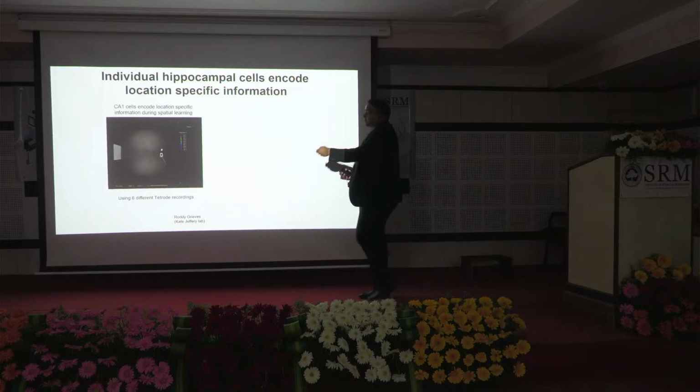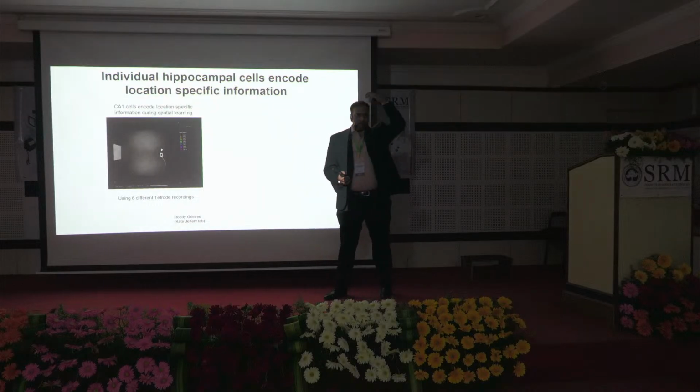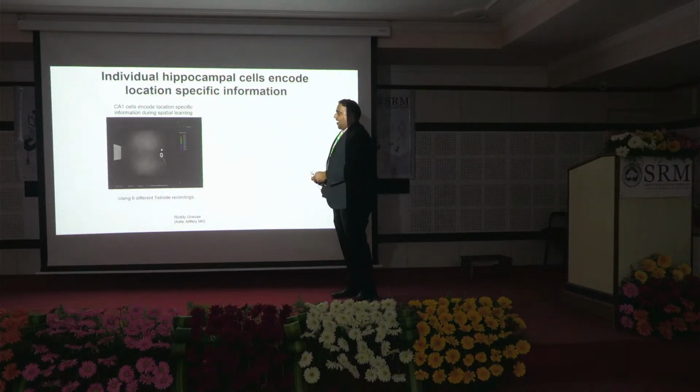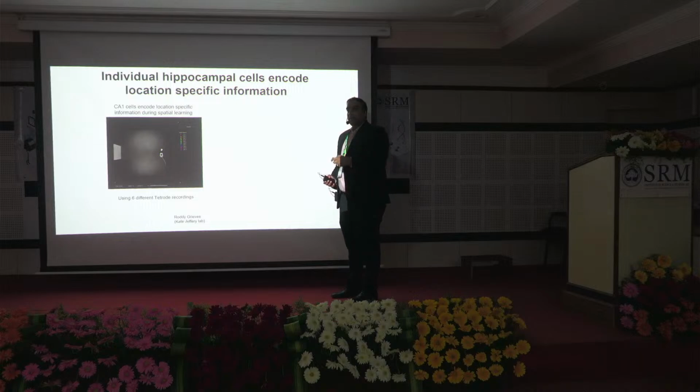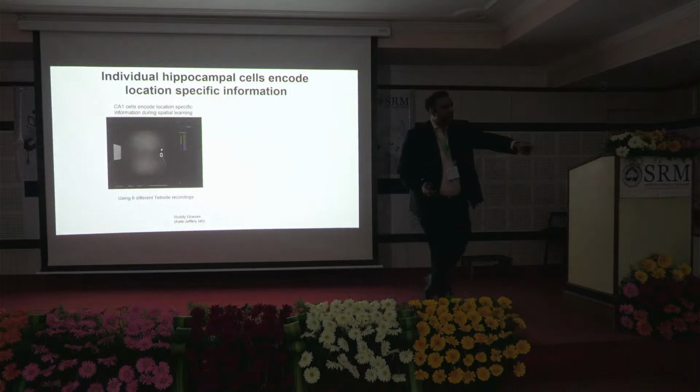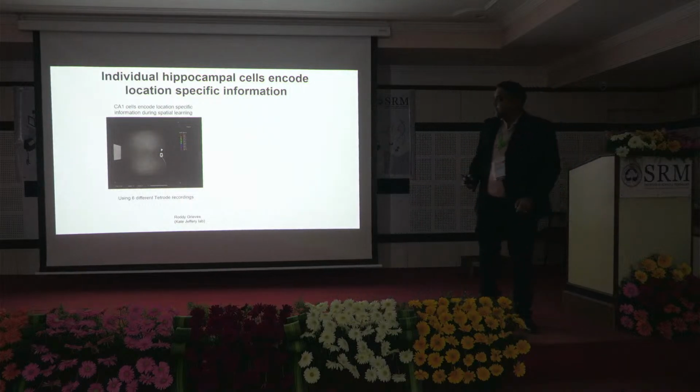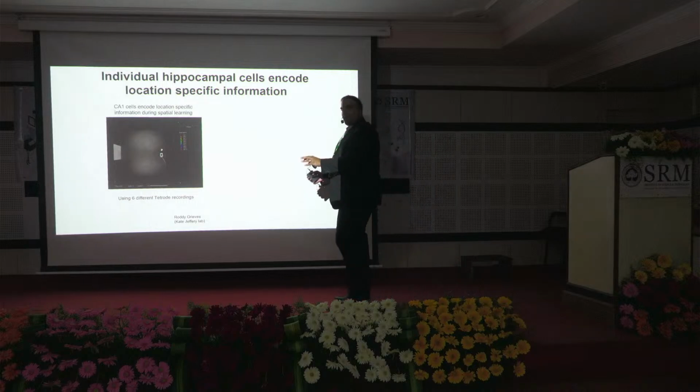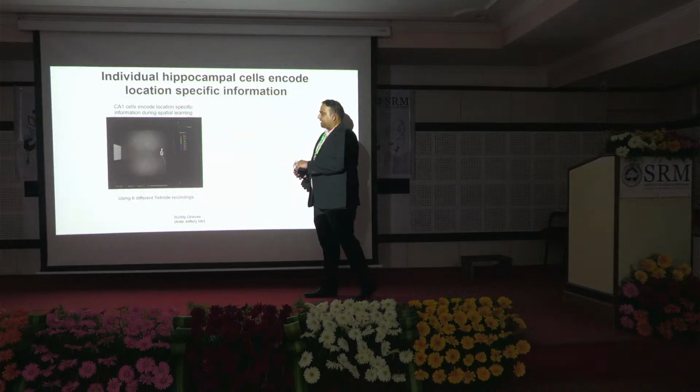Now I can show you here in a video where we are recording from a mouse, and we are doing tetrode recording, so we can record multiple cells. You'll see that some cells will only fire. Can someone press? You'll see it's a sped up video, and we have 10 cells.